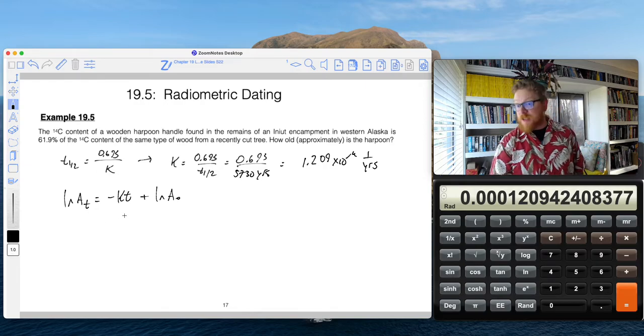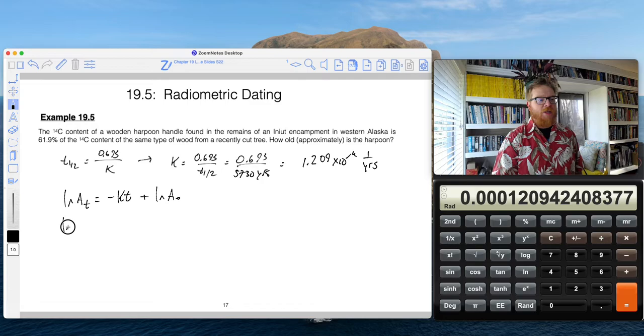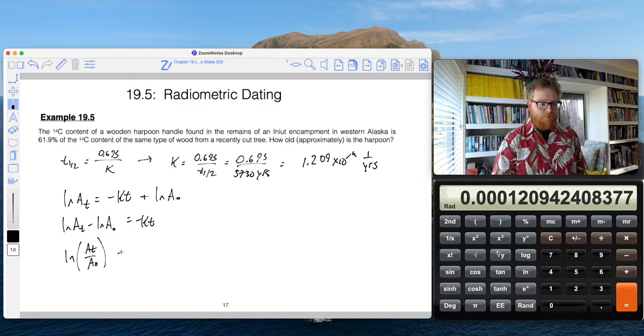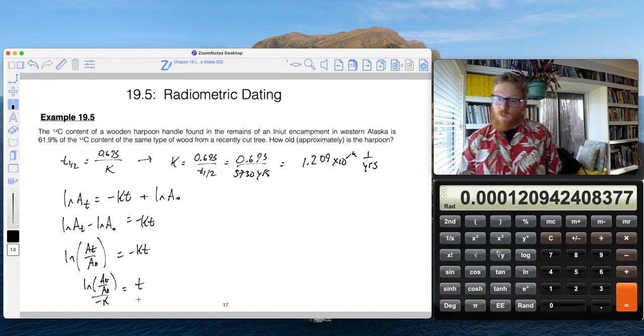We want to solve for time. I'm going to rearrange this to be natural log of A_t minus natural log of A_0 equals negative kt. Hopefully we remember we can do a log trick here: if I subtract the logs, I can write them as a ratio, and that equals negative kt. Finally, I can solve for t by dividing both sides by the negative rate constant, and that will give me time. How old is the sample?